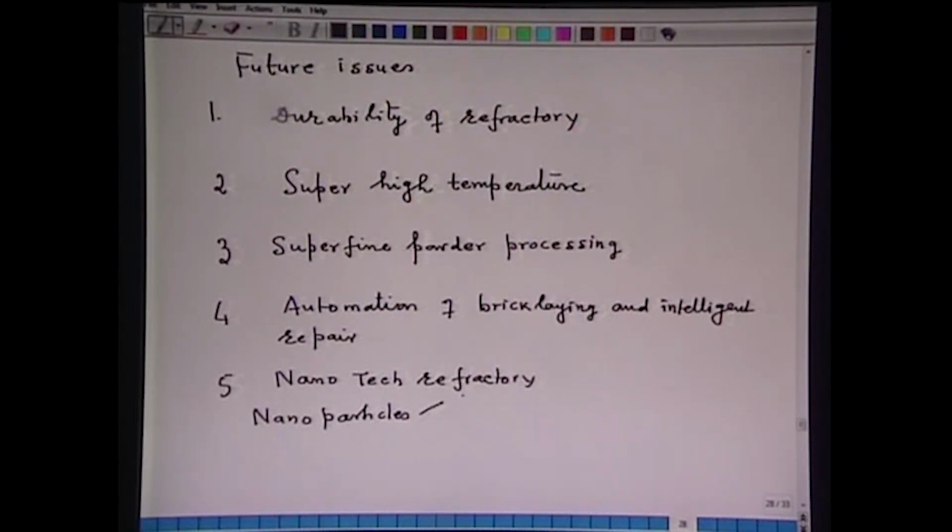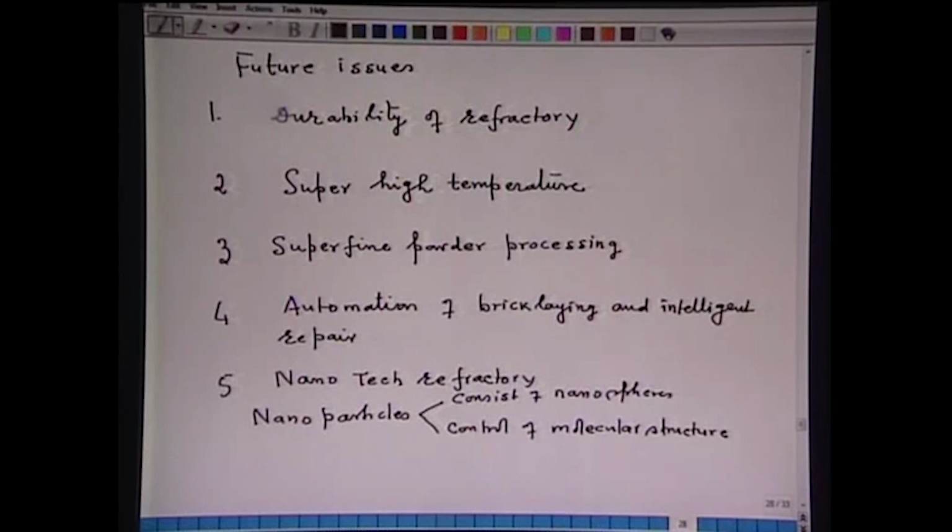First, they consist of nanospheres and improve properties like elasticity and strength. And second, control of molecular structure, as the particles have many small pores of several hundred nanometers. So, these are some of the future issues.